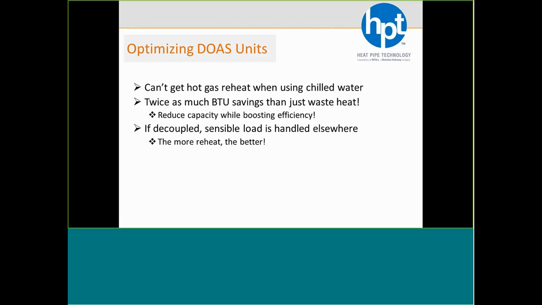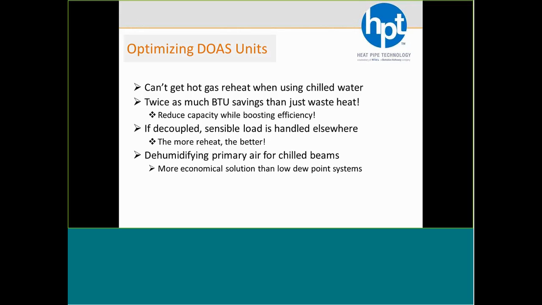And the warmer that air can be, then obviously the more reheat we can do and the more pre-cooling we're going to be able to do to get that. So the more reheat that's allowed, the better we're going to perform and the more savings you're going to get. So that's why we work very well with DOAS systems, because they tend to have a little bit more reheat associated with them anyway.